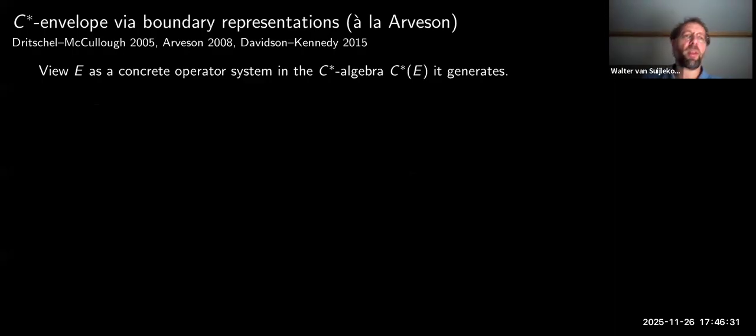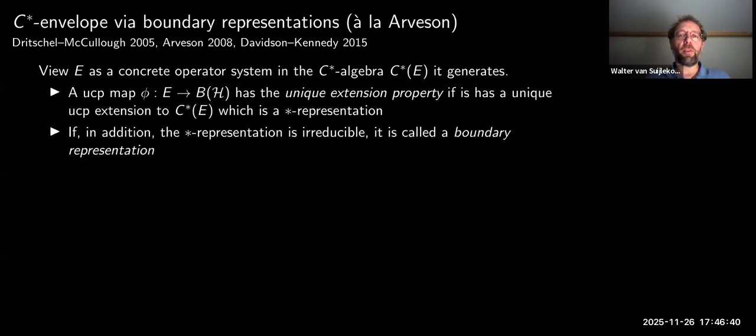So what we start with is we take E inside C-star of E, so some C-star algebra it generates. And then we look at those boundary representations. So they're the following things. First of all, they have the property that if you have a UCP map of E into B of H, then there's a unique extension to C-star of E, and that's a star representation.